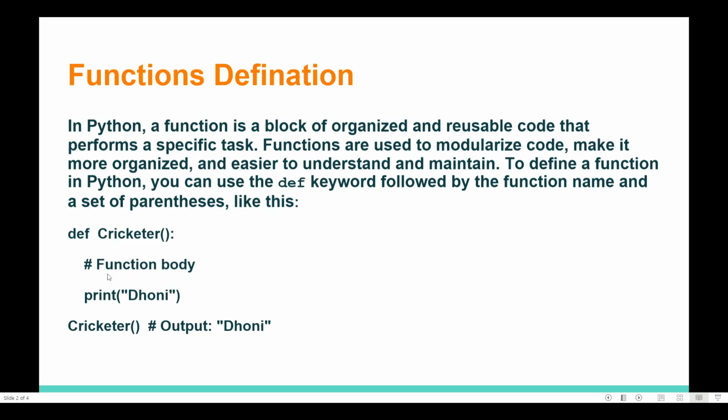Whatever is there in the body of this function will be executed when I call my function, which is cricketer here. So def cricketer and print Dhoni. If I write cricketer with the parentheses, then the output would be Dhoni.